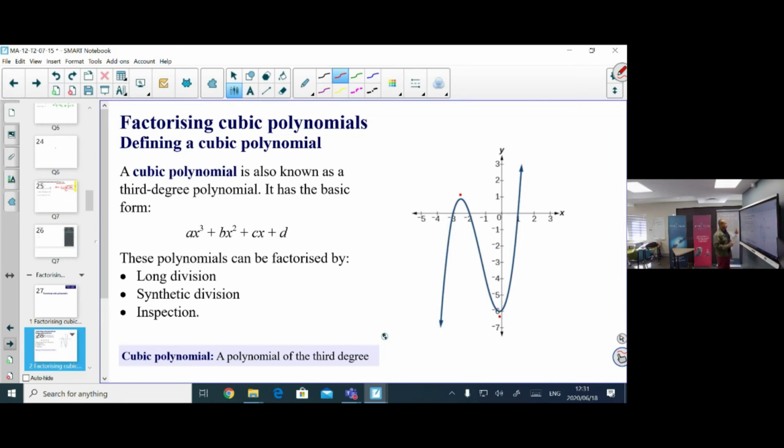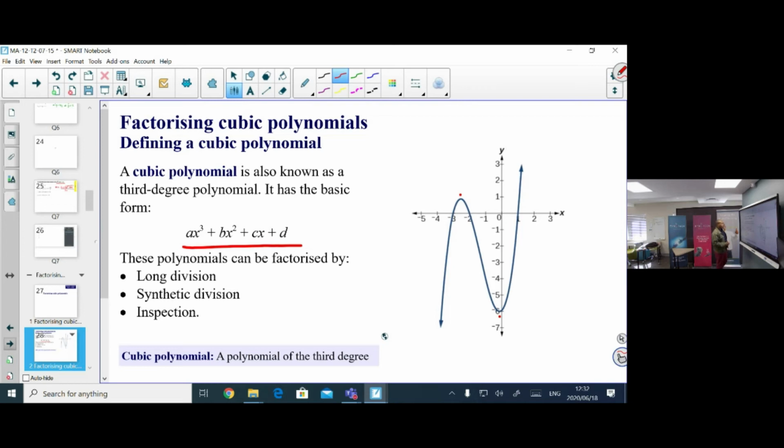So that's your cubic polynomial. But the form of it is this, that it will be, for example, ax cubed plus bx squared plus cx plus d. And this simply represents a polynomial where a, b, c, d are constants, numbers that you can use.